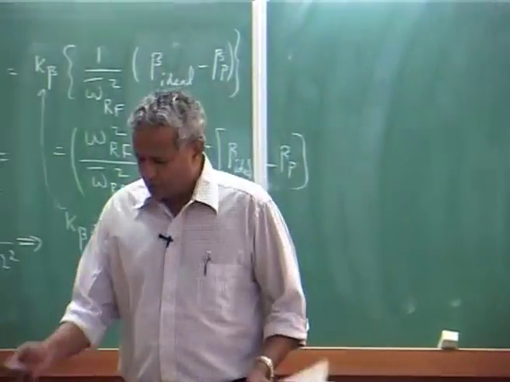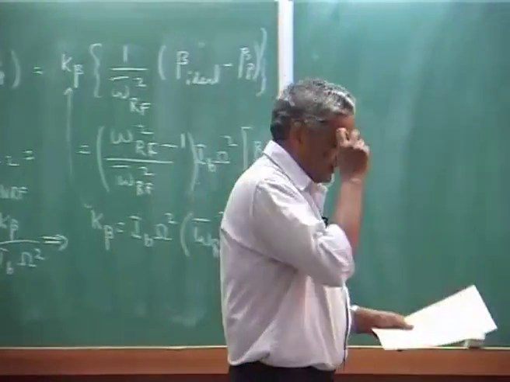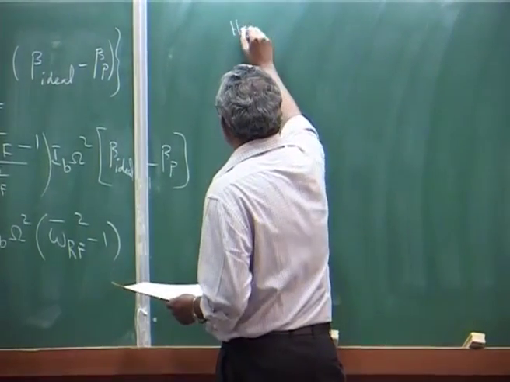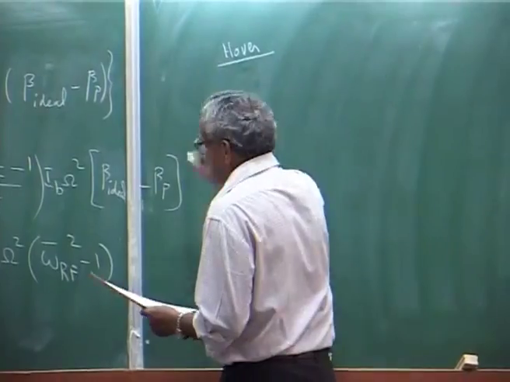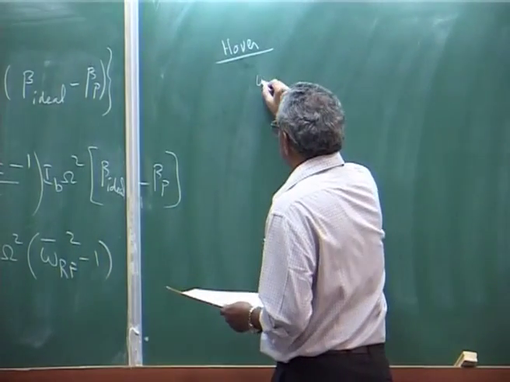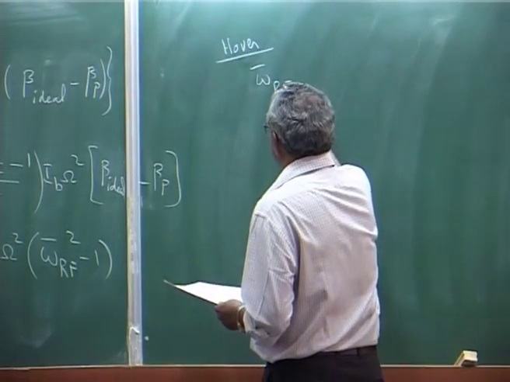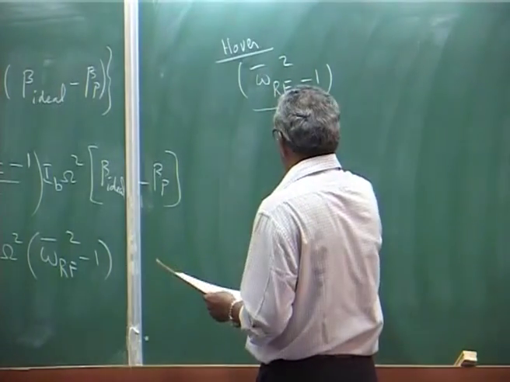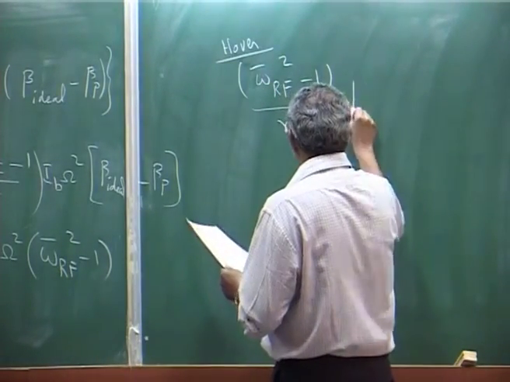We will derive only for the hover case, but you will find that if you restrict your case to hover, the relationship between this, I am writing it from the notes which I wrote last time.